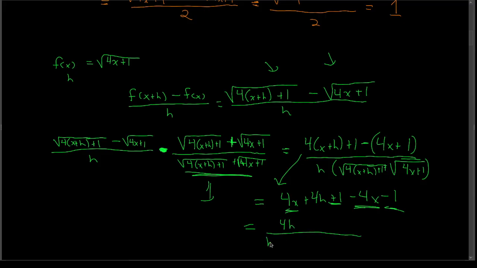And then downstairs I have h times the root of 4x plus h plus 1 plus the root of 4x plus 1. And the h's cancel. And so I end up with 4 over what was the original numerator.